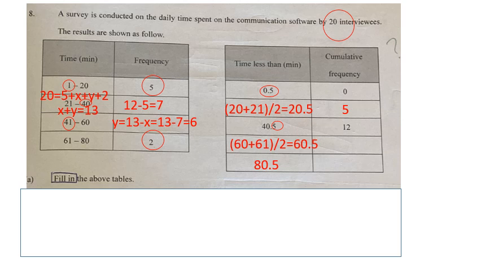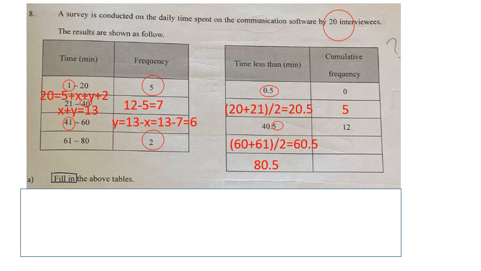Because previously we know that the frequencies should be X plus Y, 13. We know the second row is 7, so the third row must be 13 minus 7, 6. We have filled in the table on our left hand side.